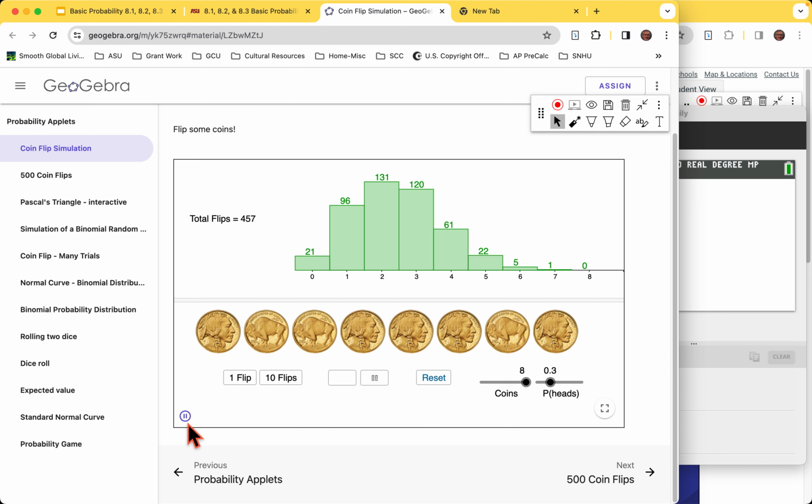We haven't seen any 7 heads or 8 heads because of that probability, but that's just sort of how it works. Okay, so probability is not a guarantee, it's an estimate. The calculations we're going to do are estimates of what's most likely to happen, but it's not a guarantee. It's really just a maybe.